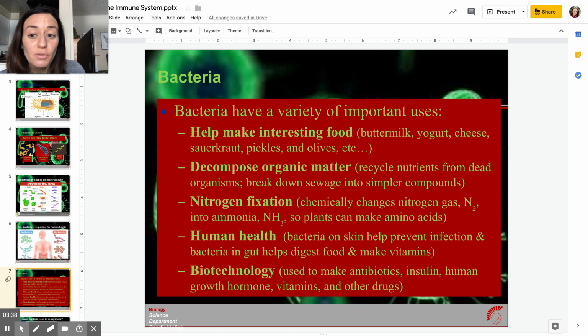So they're very good for you to eat. And bacteria, for example, on your skin actually helps prevent infection. And bacteria in your digestion, in your gut, is going to help digest food. And it also makes vitamins. So there are some good uses for bacteria.